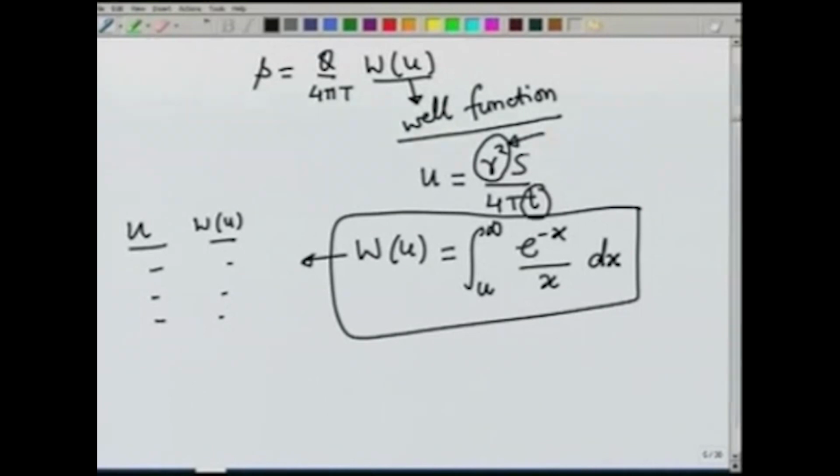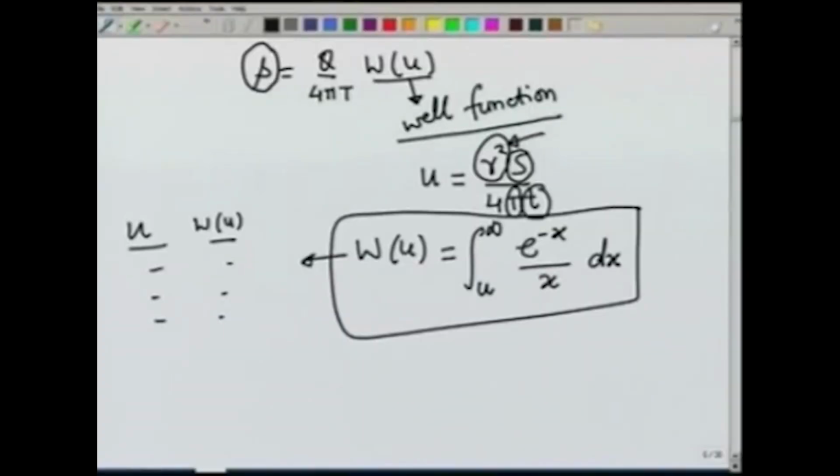Suppose S and T are known. So, it is not an estimation of parameter problem. Suppose it is a problem in which S and T are given and we want to estimate the drawdown at any observation well at any given time. In that case, we will be able to obtain the value of u for any time.